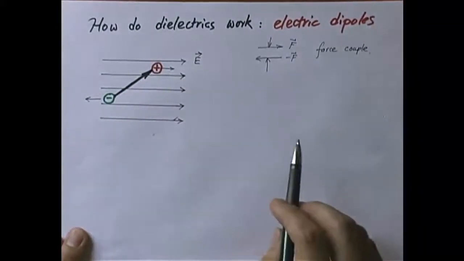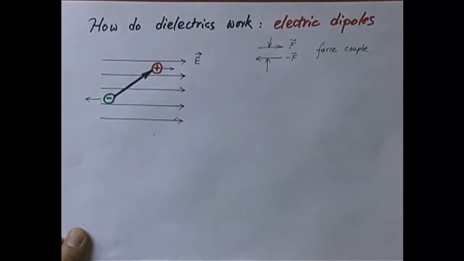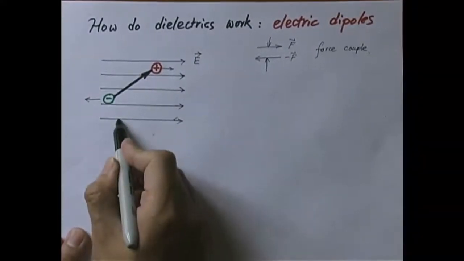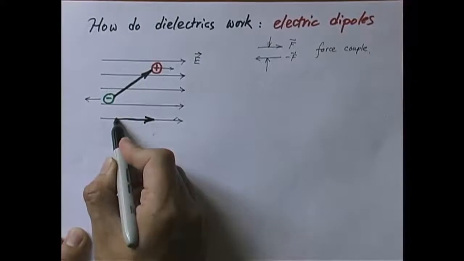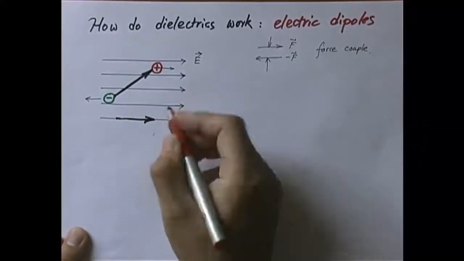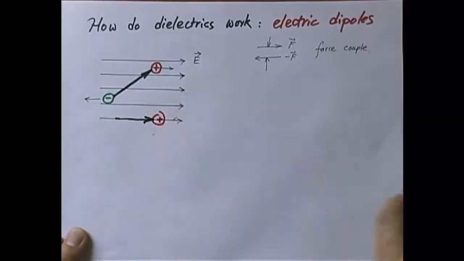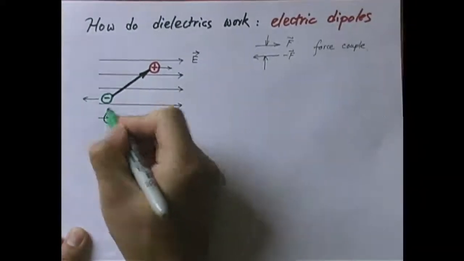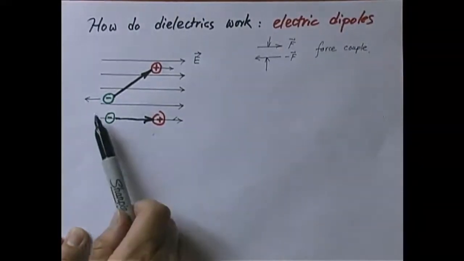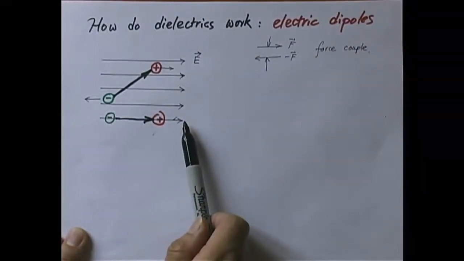As it turns, eventually the dipole will be oriented like this, and I can redraw the positive charge and the negative charge. Now the dipole will be aligned along the direction of the original electric field.